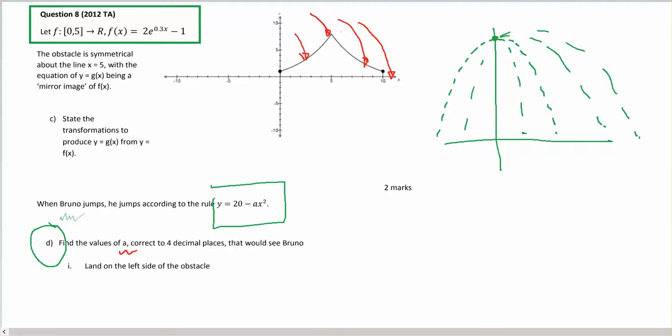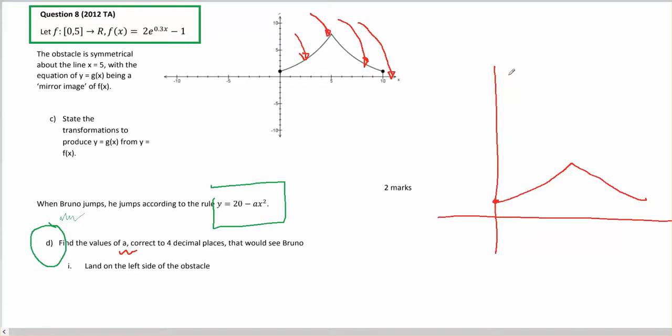Now let's think about this a little bit. Let's say these numbers aren't nice, but let's say that was 1, that was 3, this point here would have to be (10, 1). This will be (5, 3), and that will be (0, 1).